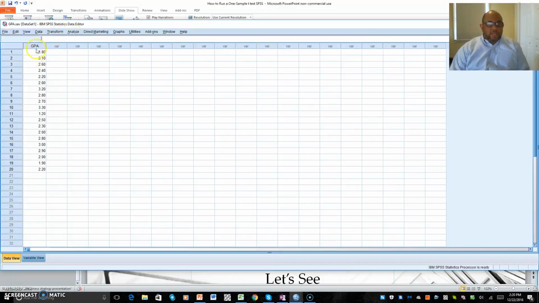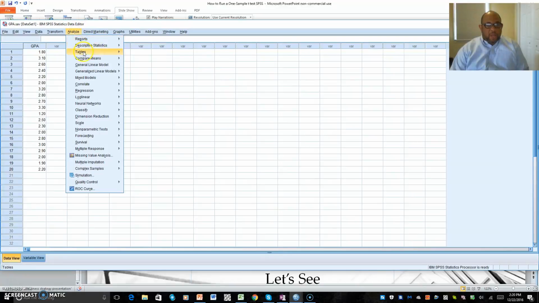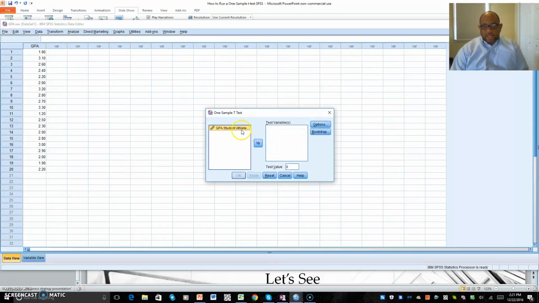Okay, you can see the GPA of the student athletes. We can go here, we have compare means, we can go down, one-sample t-test. That's our variable there, that's our data. We want to click that over to the test variable. It's only one variable here. And we can go right here, our test value. This information, this is the non-student athletes.